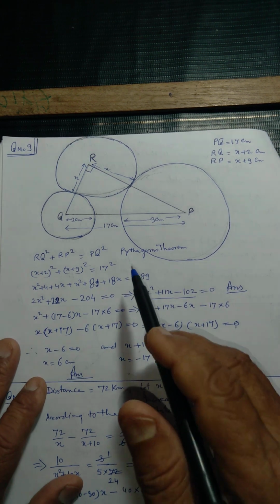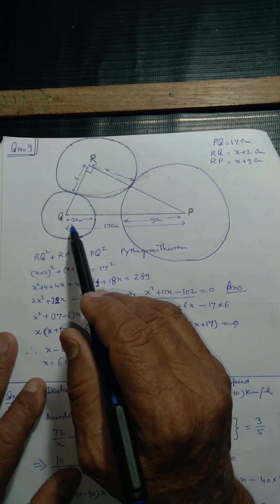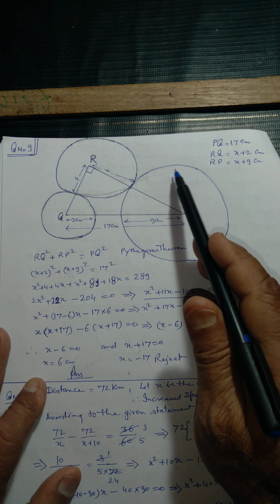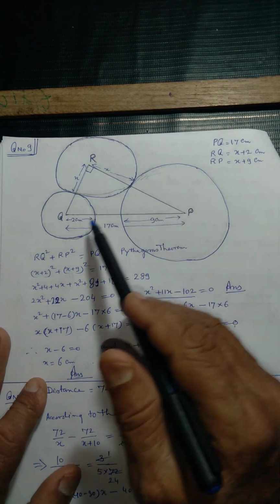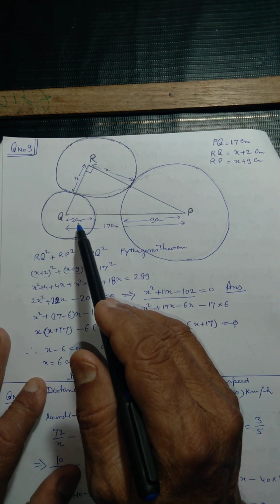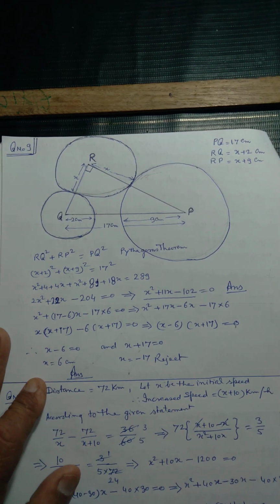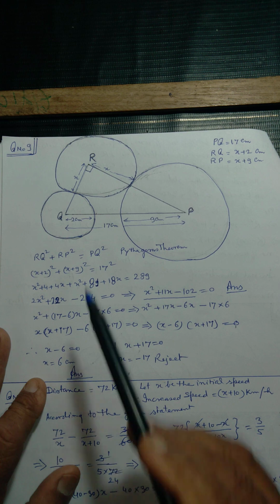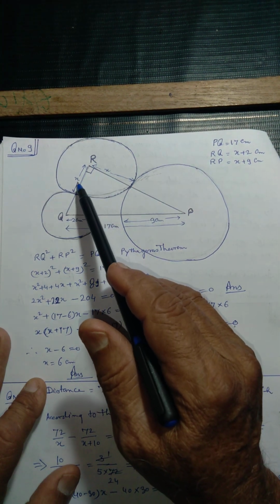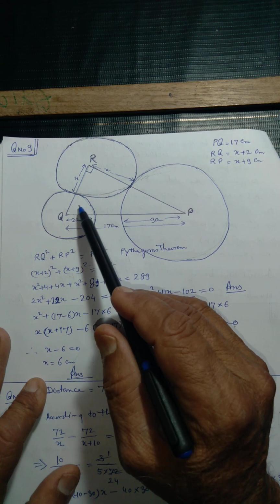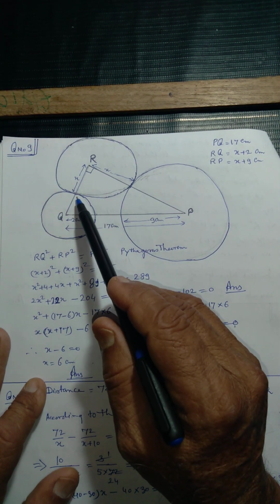Now you see I have drawn the picture here. P and its radius is 9 centimeter. Q and its radius is 2 centimeter, like this. There is another third circle whose center is R and radius is equal to x, and which touches the previous two circles outside.